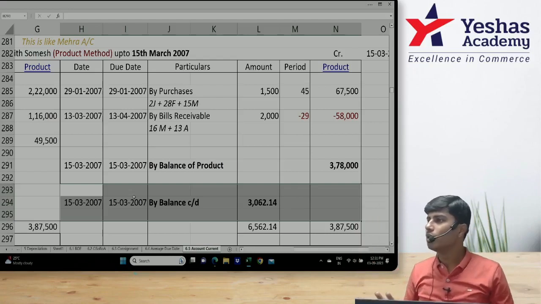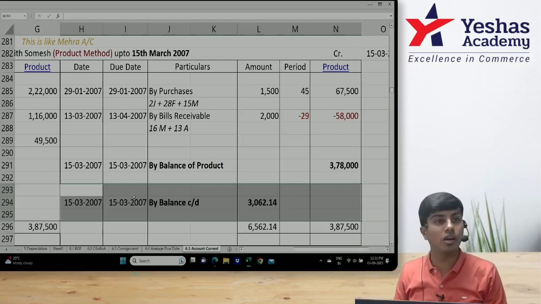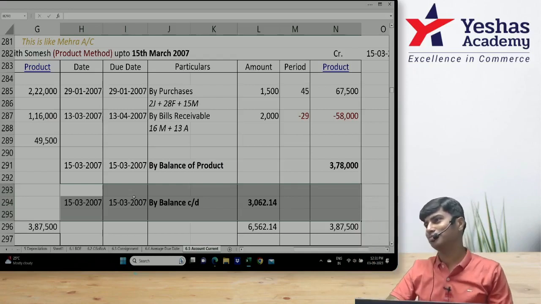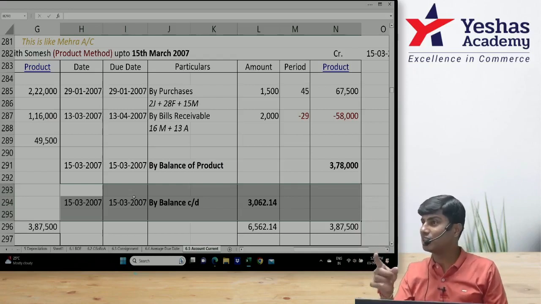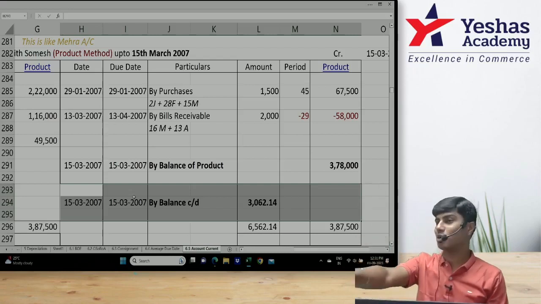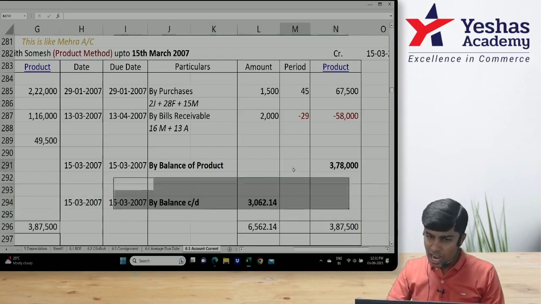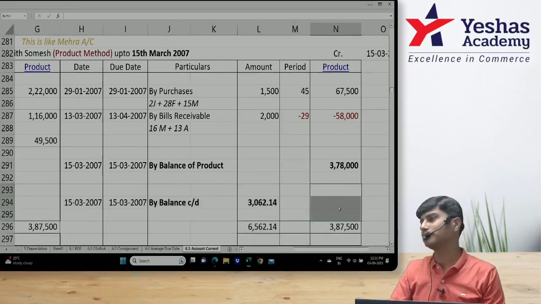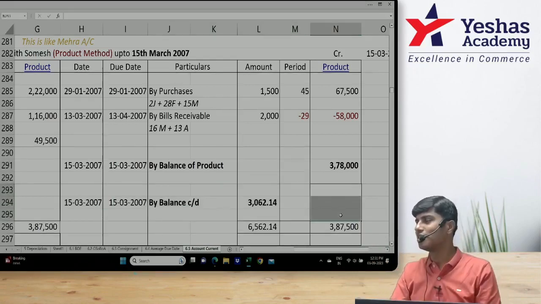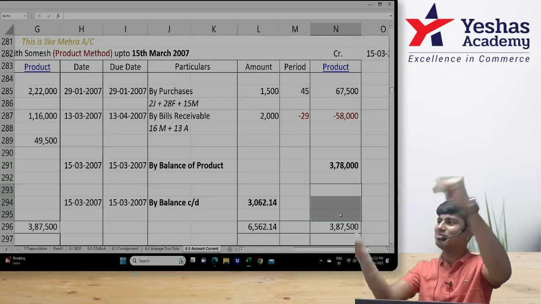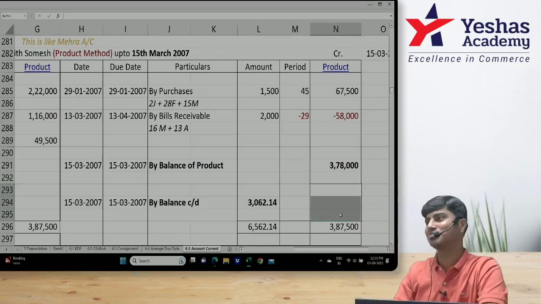So what we'll do is find the balancing figure in the amount column, but we'll not write it in the amount column. For that amount, for the entire period, we'll find the product or the interest. Then we find the balancing figure in the interest column and then compute the closing balance.